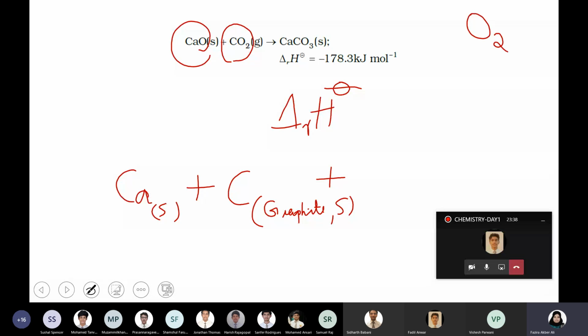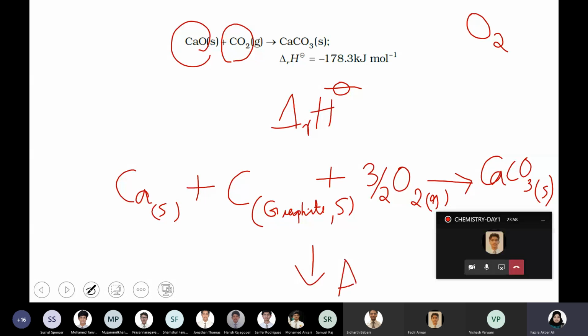So how many oxygen molecules do you need? 3 by 2, because it's just one mole of product, you can't take more. 3 by 2 O2 gas is giving CaCO3 solid. This is the enthalpy of formation for calcium carbonate.